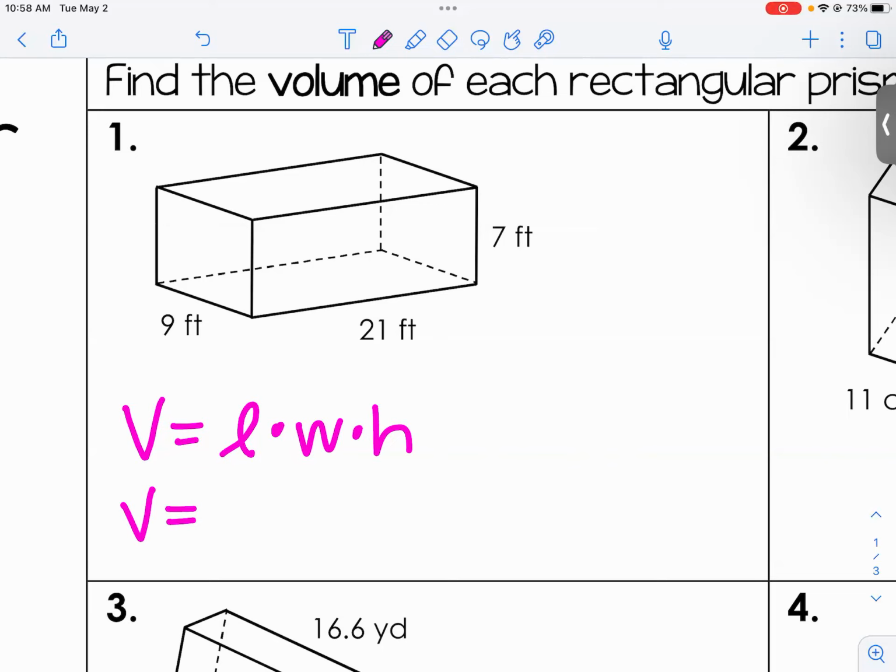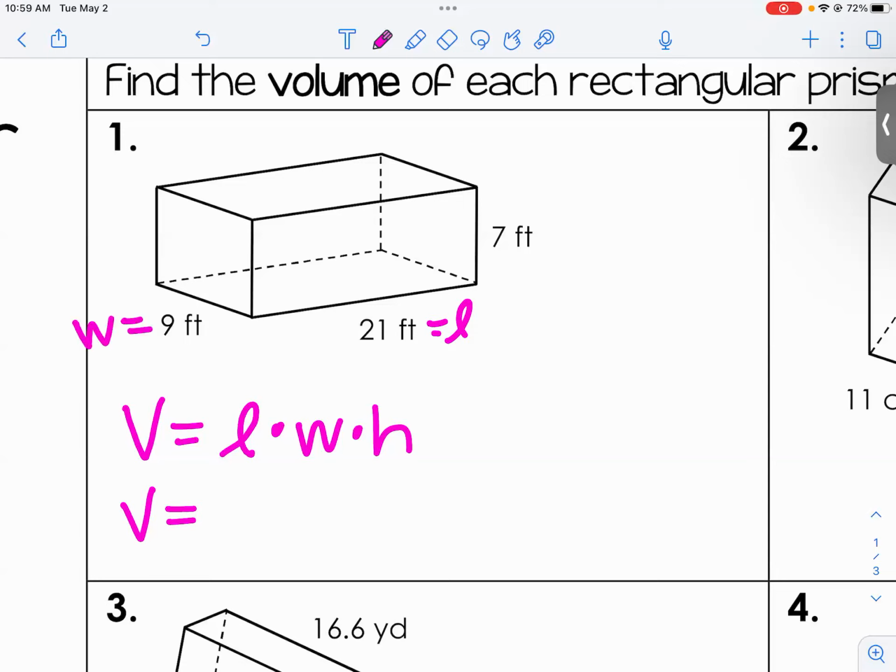The length is 21 feet. I said Brady, which one's the width?